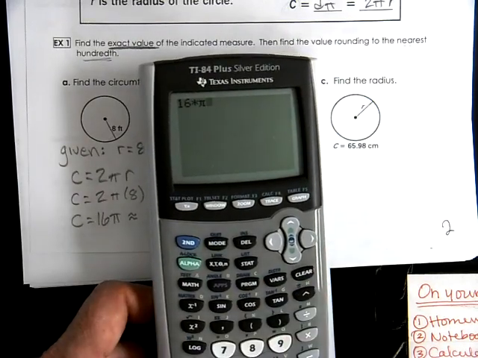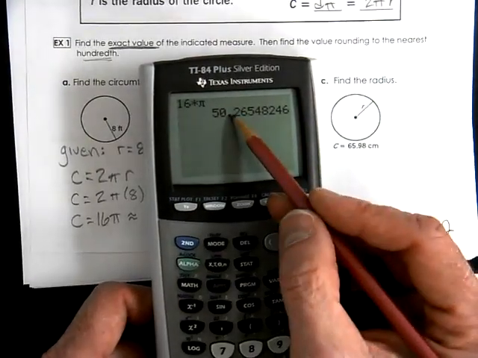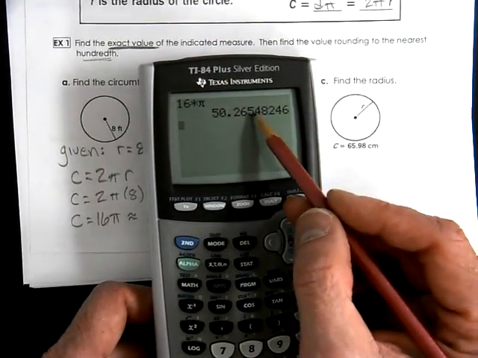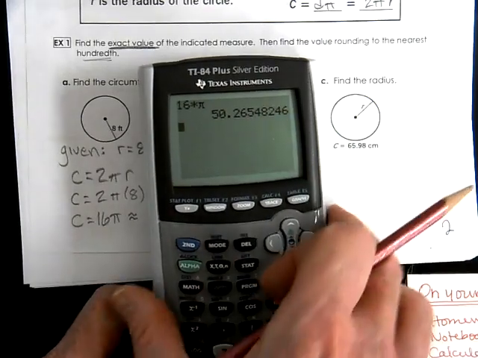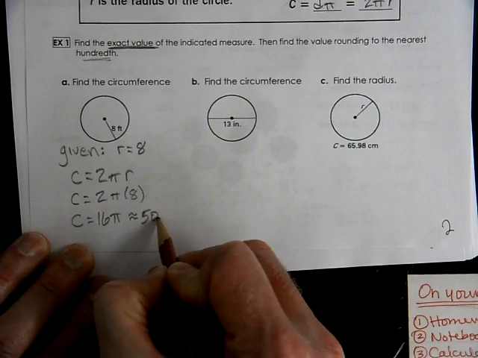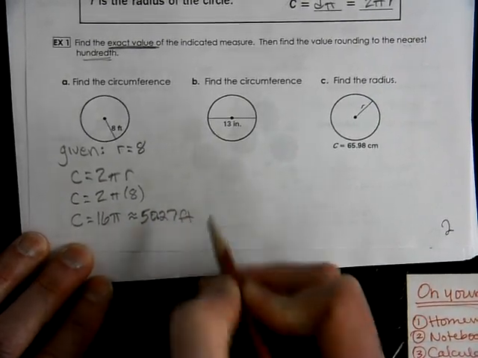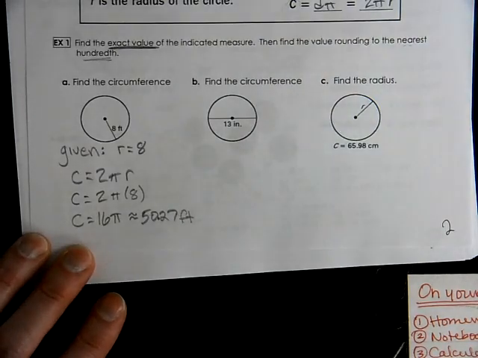Second pi, 16 times pi would be 50.27 because our third number is 5 or bigger. And those would be in feet. It's a linear length. It's not an area, so it's just feet, not feet squared.